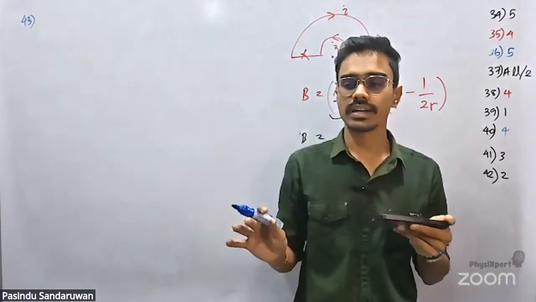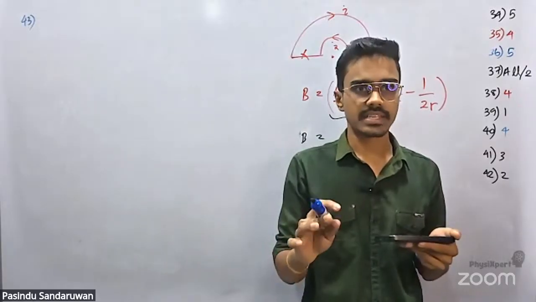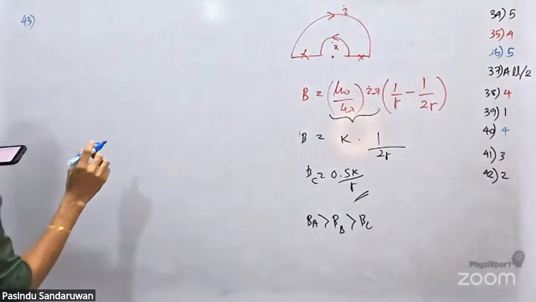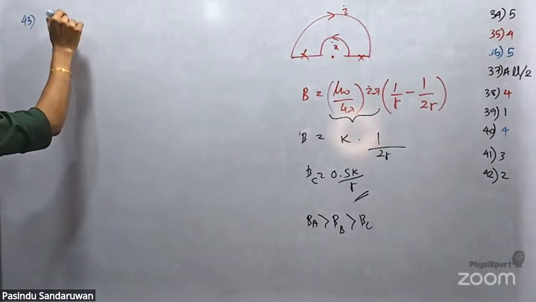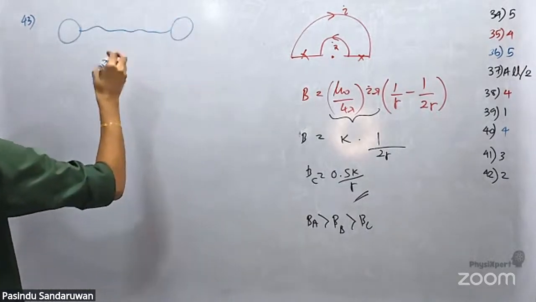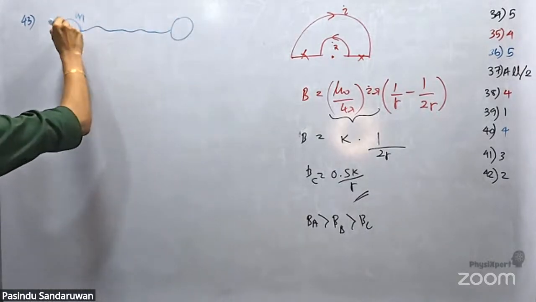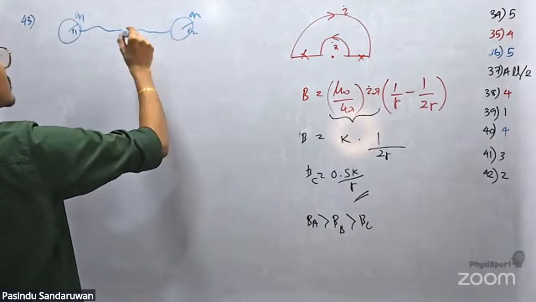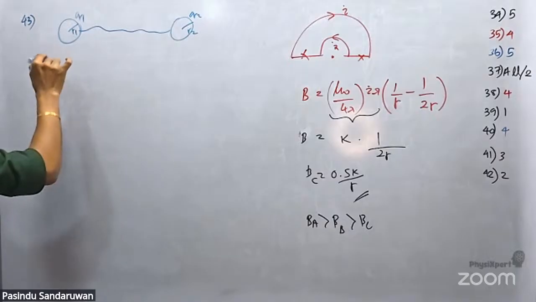If two conductors are connected, their potential becomes equal, right? If two conductors are connected together, their potential becomes equal. Then Q1, R1, Q2, R2. So if they are connected together, their potential becomes equal.